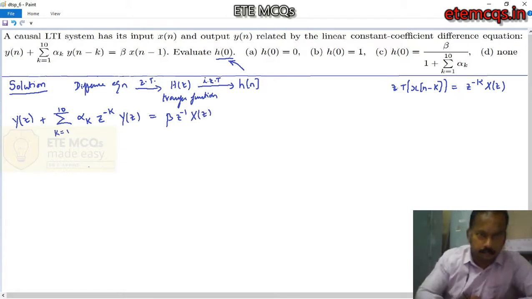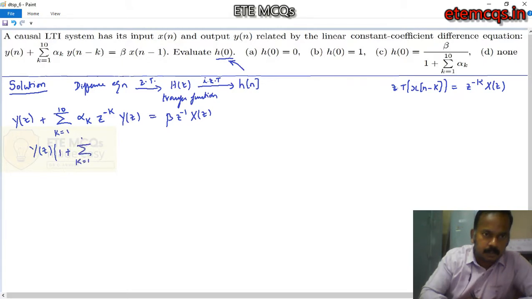Now you take Y of z common, and you end up with Y of z the whole into 1 plus summation k is equal to 1 to 10 alpha k z power minus k is equal to beta z inverse into X of z.